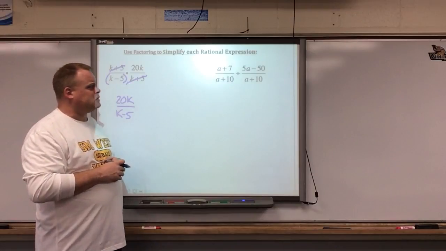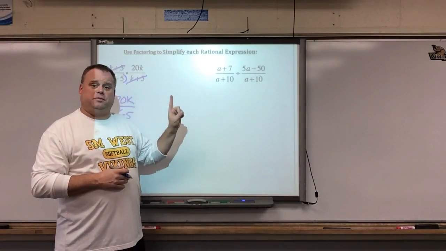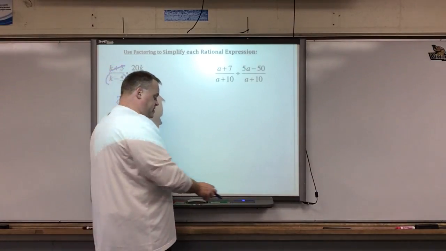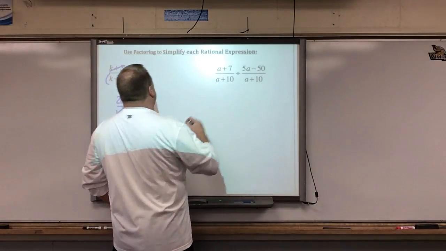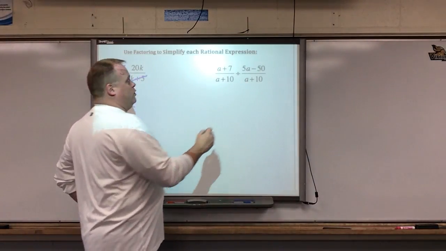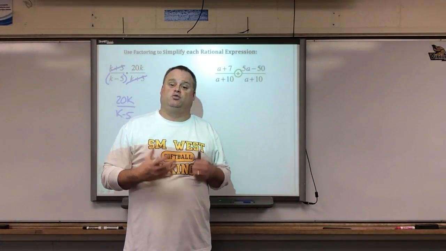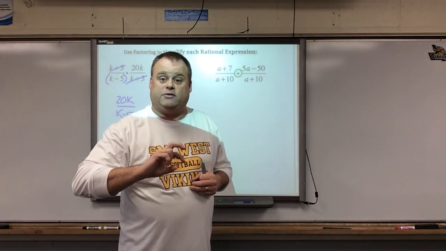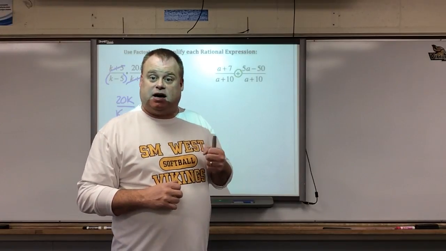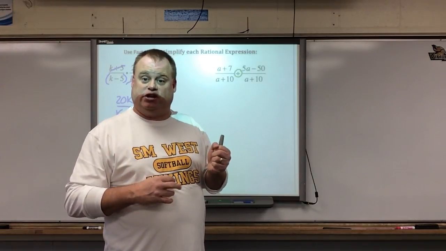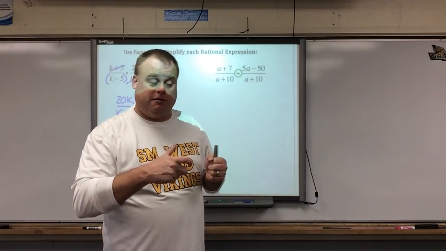All right, this one. Hey, there's a little bit of a change here. We need to make sure we note this change. Instead of multiplying, we are dividing. And if you remember anything about fractions, when we divide, we have to change the sign from division to multiplication, and flip the second fraction.